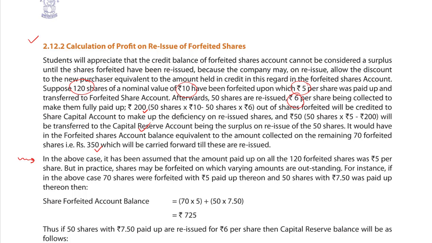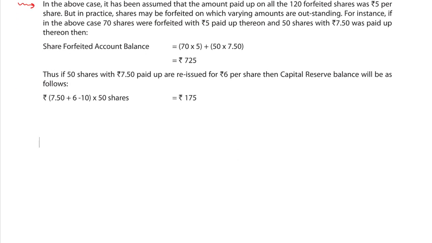For instance, if in the above case 70 shares were forfeited with rupee 5 paid up thereon and 50 shares with 7.5 was paid up thereon, then share forfeited account balance would be 70 into 5 plus 50 multiplied by 7.5, that is 725.